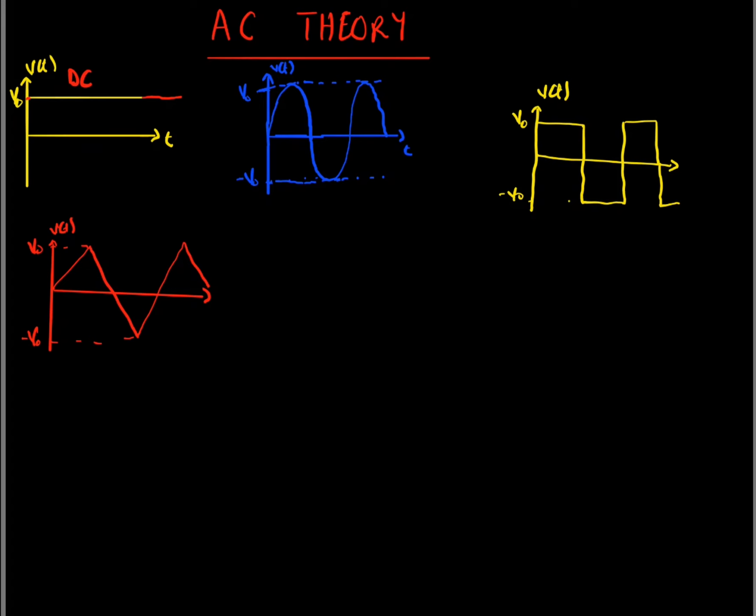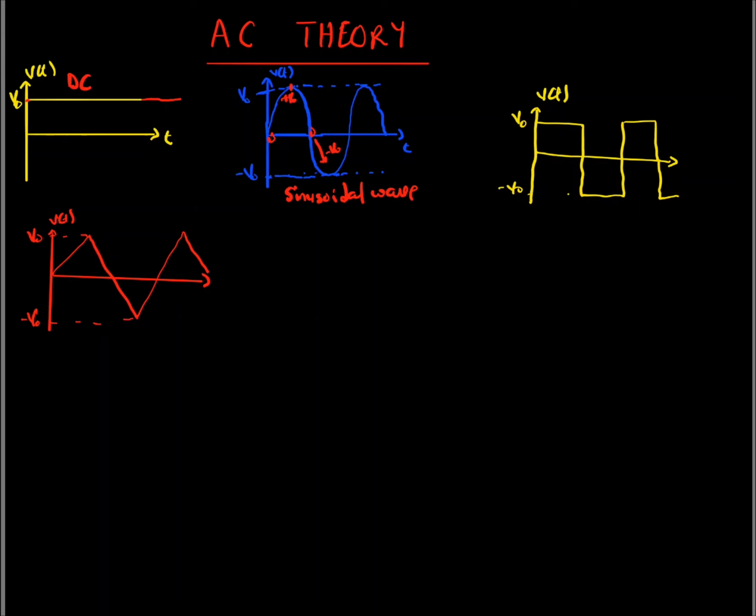For instance, here we have a sinusoidal wave. The signal starts from 0, increases to positive V0, comes back to 0, and moves to negative V0. So the signal alternates between two prescribed levels, positive V0 and negative V0.